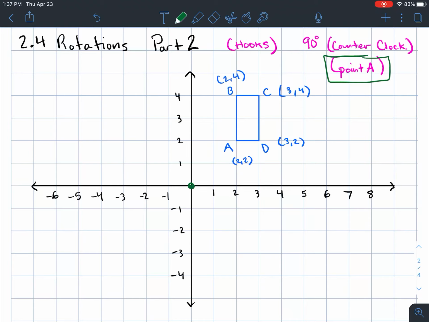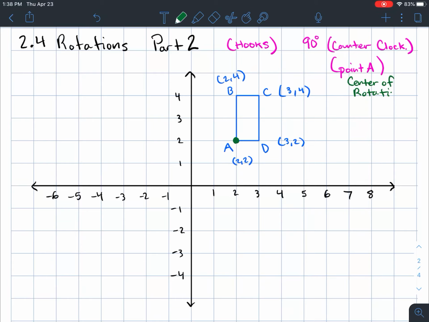So that means instead of the origin being the center of rotation, now point A is going to be the center of rotation.